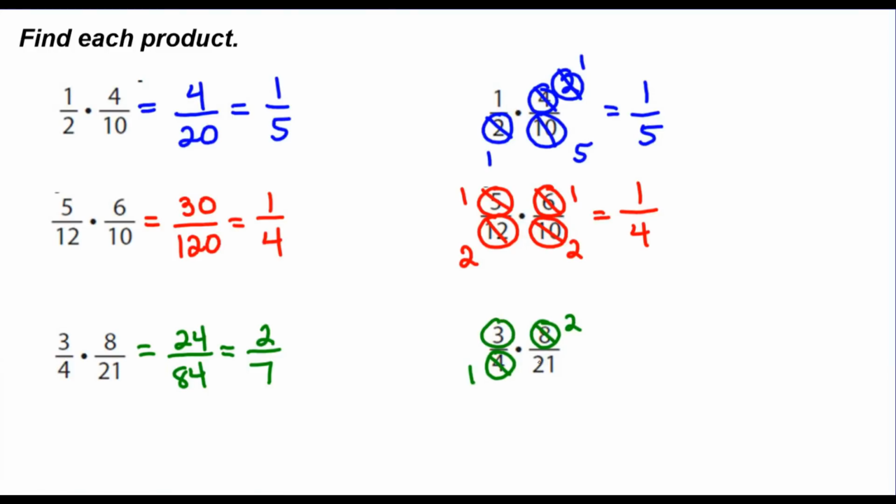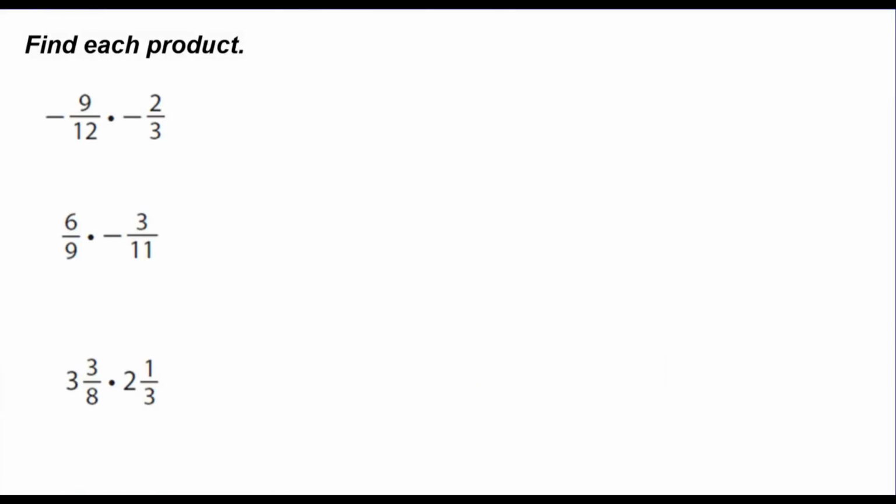And 3 and 21 have a common factor of 3. So if I divide them both by 3, I get 1 and 7. So 1 times 2 is 2, and 1 times 7 is 7. You get the same thing both ways, but it all depends on if you want to deal with smaller numbers first, or if you want to deal with the larger numbers and then simplify. I prefer the second column, so for the rest of this video I'm going to be simplifying first before I multiply.